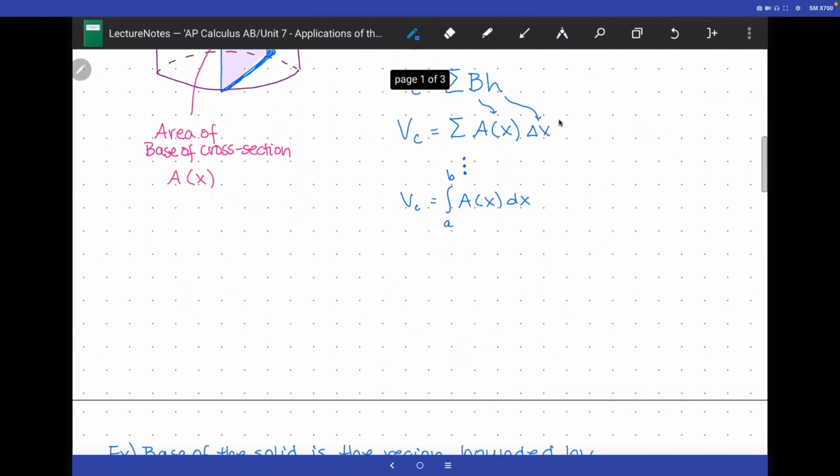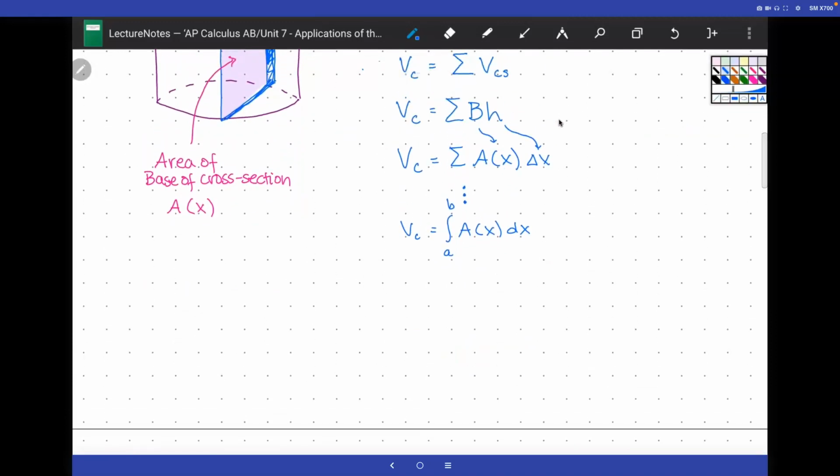So let's put this in a cloud. It needs a cloud. So, I'll use this color. Volume by cross-section. And I won't make it a wordy cloud, don't worry. Sometimes these are going to have to be dx problems, and some of these are going to have to be dy problems. And on these, we don't have a choice.